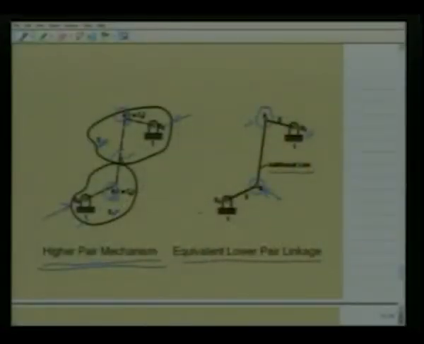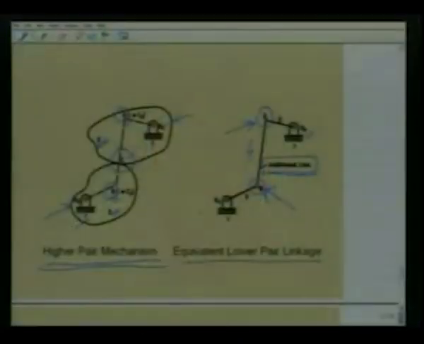But we should see that a higher pair at C has been replaced by an additional link, that is link number 4, and 2 additional lower pairs, one at A and the other at B, where A and B are respectively the centers of curvature of the contacting surfaces between 2 and 3 at the contact point C. Of course, this equivalence can be permanent if the centers of curvature do not change.